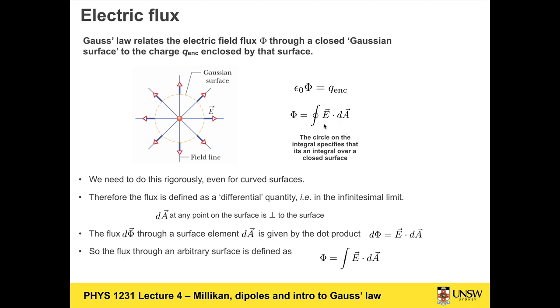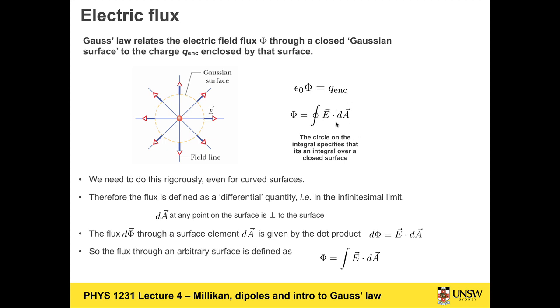And so this takes the component of E in that direction. So if E is parallel to the surface, there's no contribution to the flux. And there's a maximum contribution, of course, when it's perpendicular to the surface. This is a sum of lots of contributions, and contributions where E is perpendicular to the surface have the largest value due to this dot product.